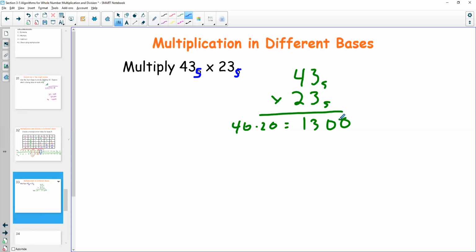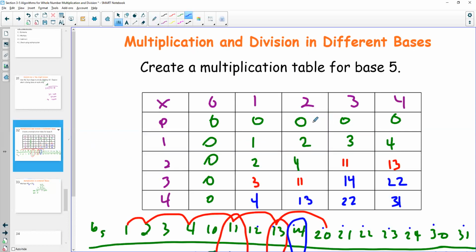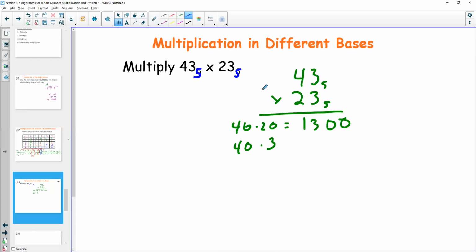Then I'm going to do 40 times 3. What was 4 times 3? 4 times 3 was 22. 4 times 3 is 22 with 1 zero, that's 2, 2, 0. All right, and then I'm going to do 3 times 20.